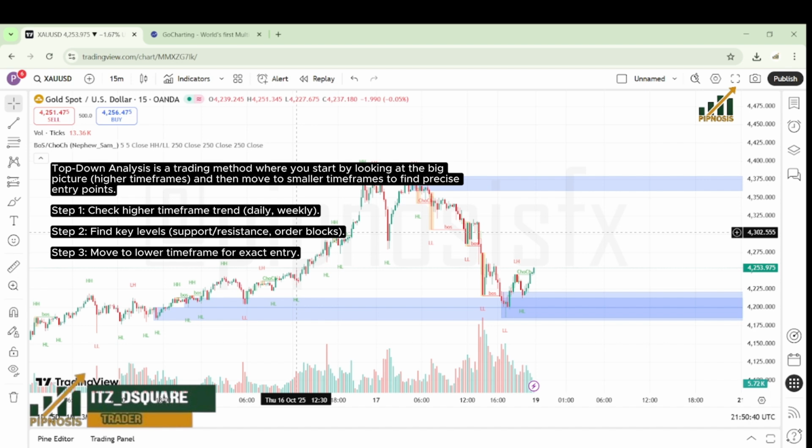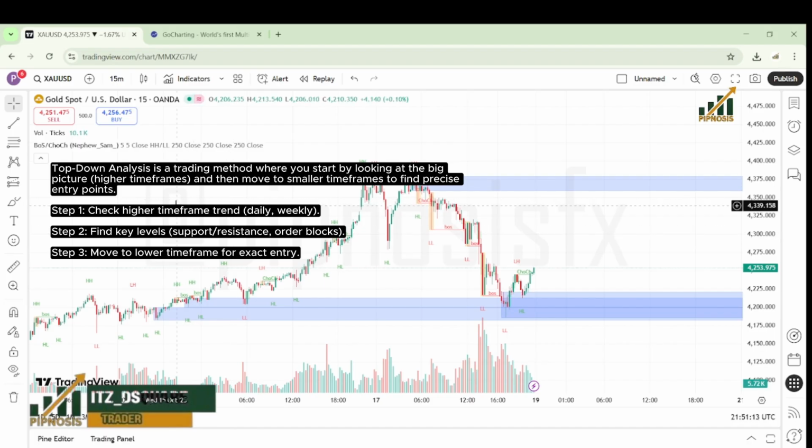Once you zoom out, you can see everything: you can see where Africa is located, where Asia and Europe are placed. The same thing goes for top-down analysis. We use it so we can get an overview of the whole market, and know where the market is going to and where it's coming from.